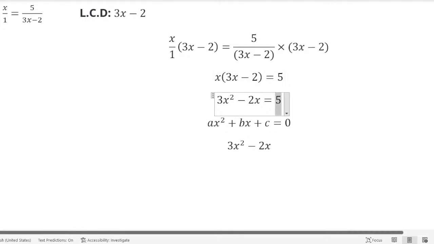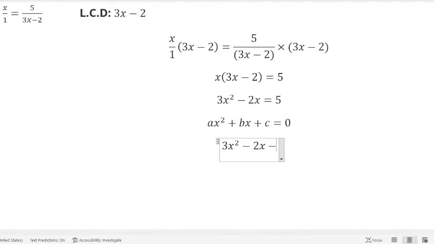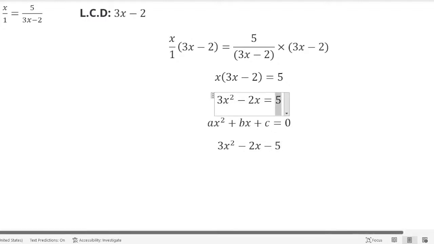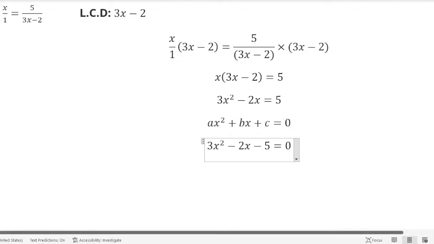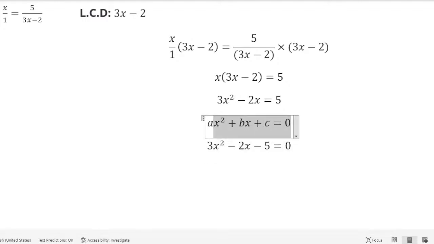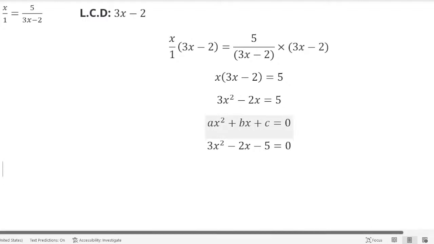When we take it to the left hand side, it becomes negative 5. When we take 5 from the right hand side to the left hand side, we'll be left with nothing on the right hand side, so we represent that by 0. So now this is a quadratic equation in the form of ax squared plus bx plus c. Then we need to factorize.